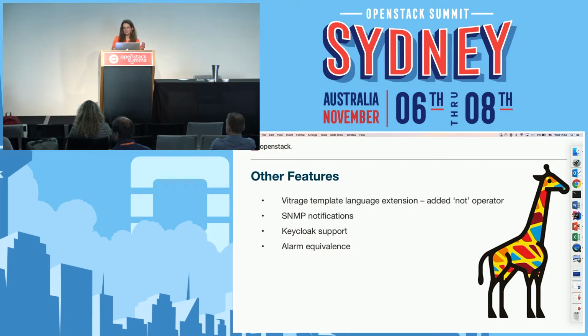Vitrage is a general engine. It does not care if it gets input from OpenStack or from whatever other environment. And we added support for alarm equivalence, in case the same alarm is created both by Vitrage and by an external monitor, and I'll talk a bit about it later.